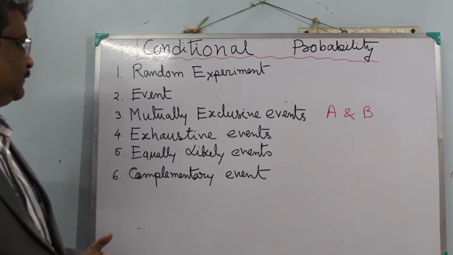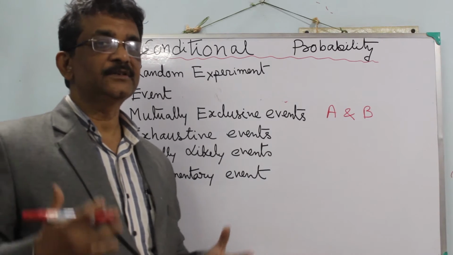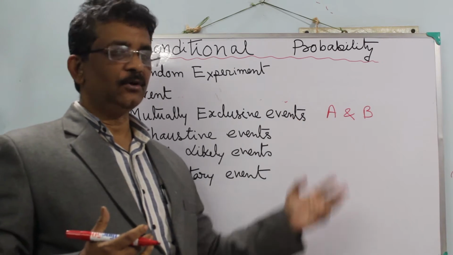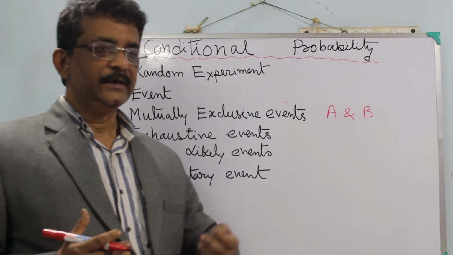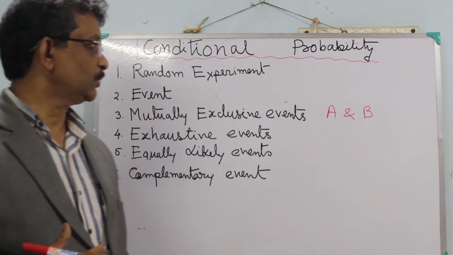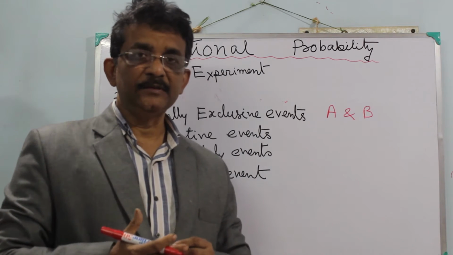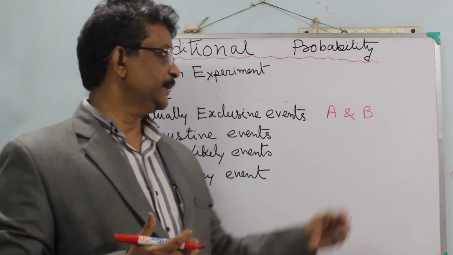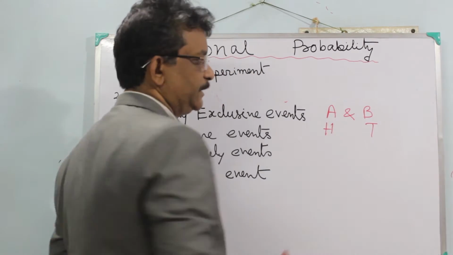If two events are such that the occurrence of A prevents the occurrence of B, that means if the event A occurred, B cannot occur. In tossing a coin, suppose A is the event of getting head and B is the event of getting tail.